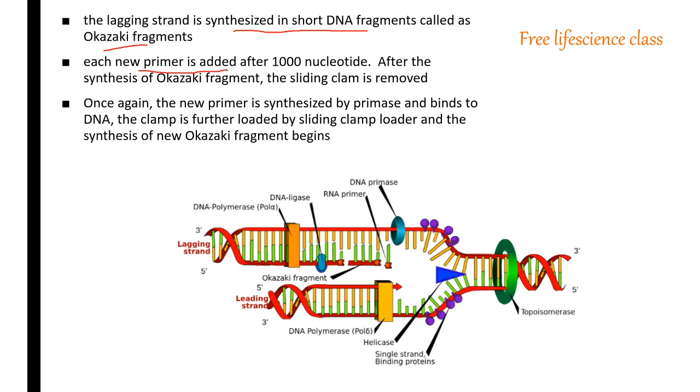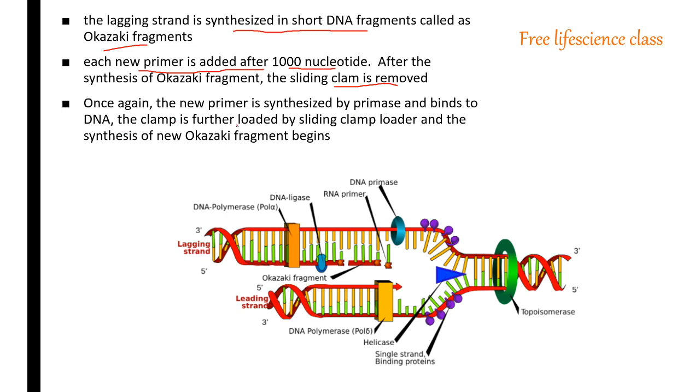Each new primer is added after 1000 nucleotides. So the interval at which the RNA primer is added is 1000 nucleotides. After every 1000 nucleotides, an RNA primer is added. Then after every Okazaki fragment is synthesized, the sliding clamp is removed. Then again this sliding clamp goes and binds to the next DNA polymerase and starts to synthesize DNA again. Okay. So once again the new primer is synthesized by the primase and binds to the DNA.